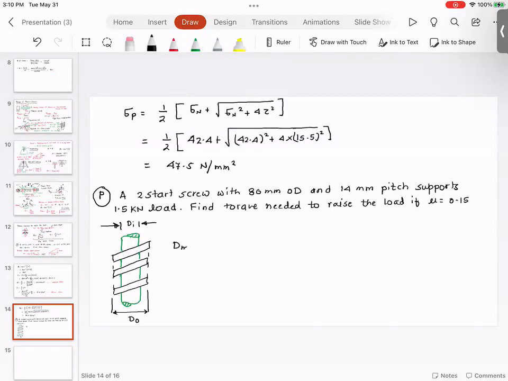The mean diameter is DO plus DI divided by 2. The pitch is this distance.